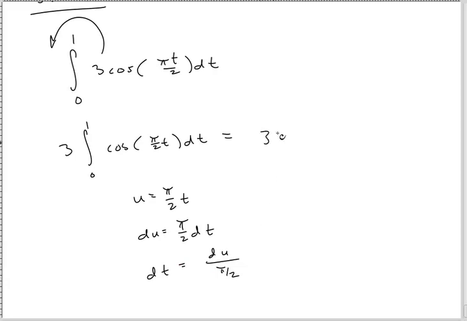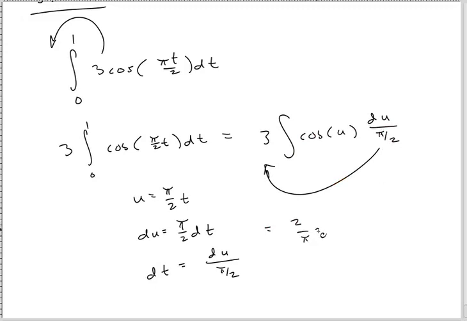And so 3 integral of cosine of u, and then I have my du divided by pi over 2. And this guy can come out to the front. And so that's actually going to be a 2 over pi times the 3, and then cosine of u du. And that's a 6 over pi, essentially. Oh, the pi kind of looked like a division symbol anyways.